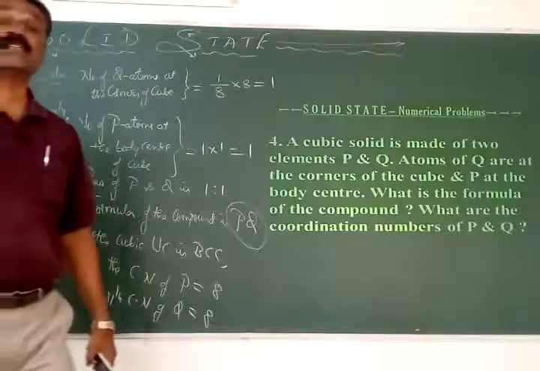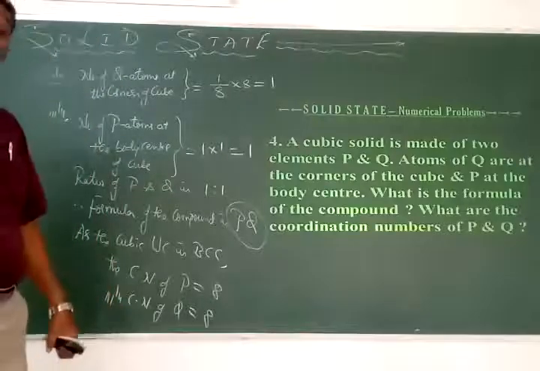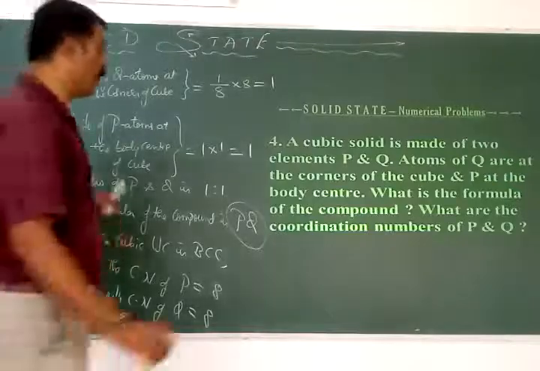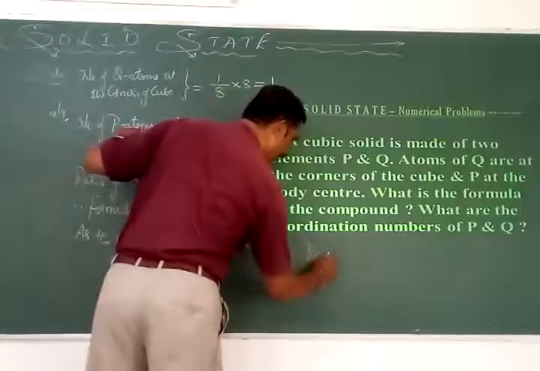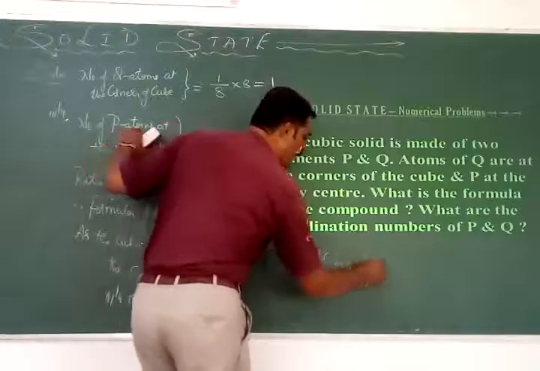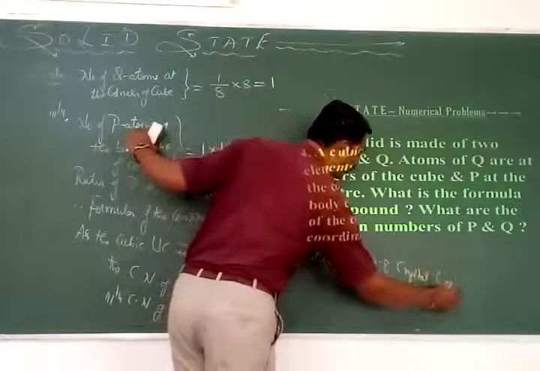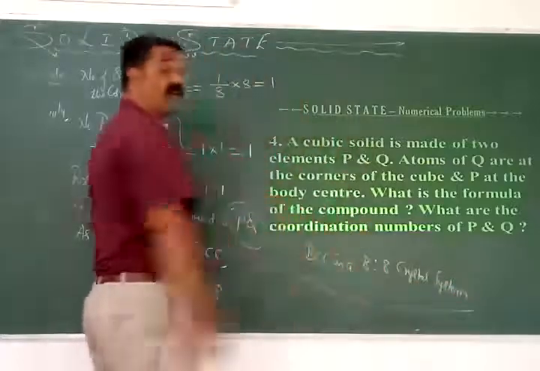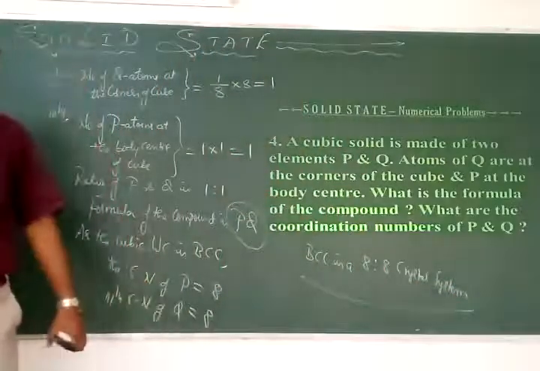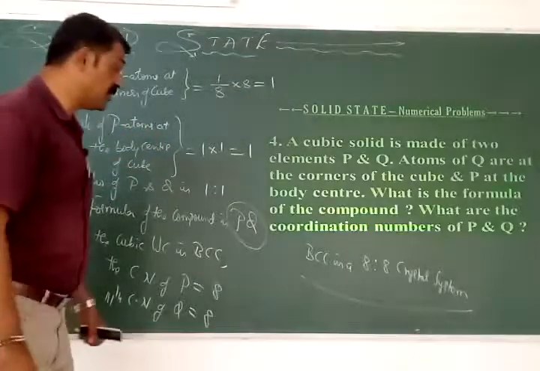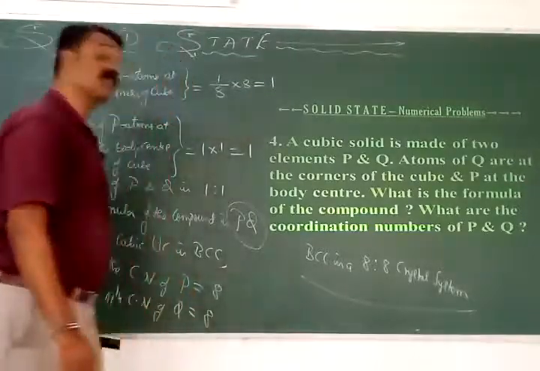Because BCC is an example for 8 is to 8 coordination crystal. So you have to remember BCC is an 8 is to 8 crystal system. What's the meaning of that? Each particle is having a coordination number of 8. That is why it is called an 8 is to 8 coordination crystal.